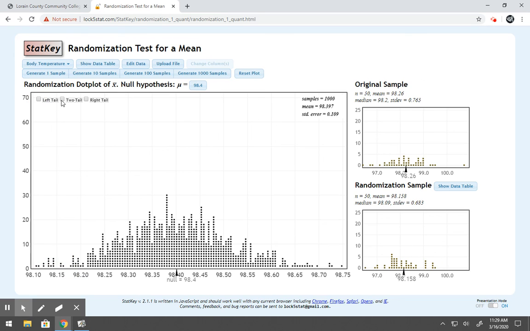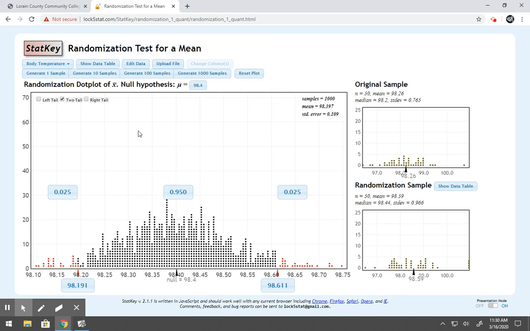If I change it from left to right, right is greater than the null. So the accommodating value for something which is looking at a right tail is really talking about something which is greater than the null by some measure of error. You should be picking up on words I'm using right now. If I go to a two-tail, I don't care if it's smaller.